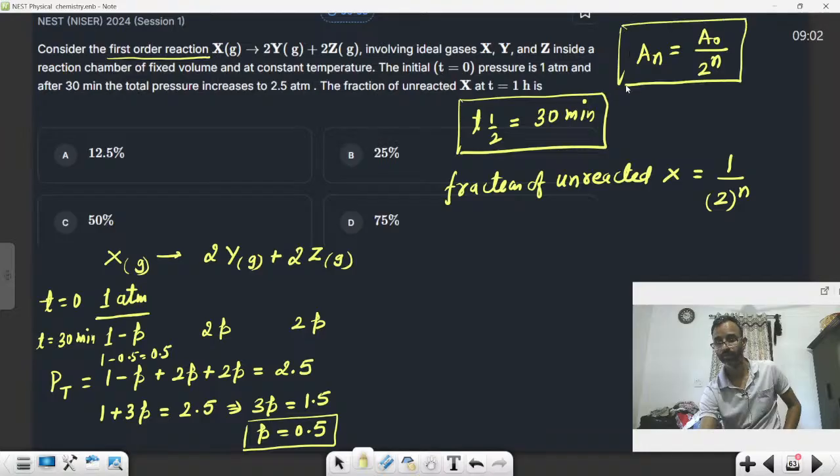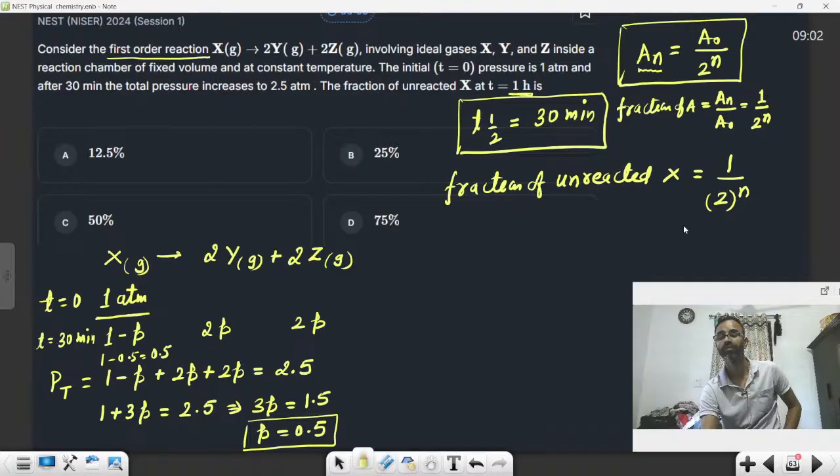This is the fraction of a after n half-lives. Now 1 hour, how many half-lives? And if we talk about fraction of a, that is an upon a naught, that is 1 upon 2 raised to power n.